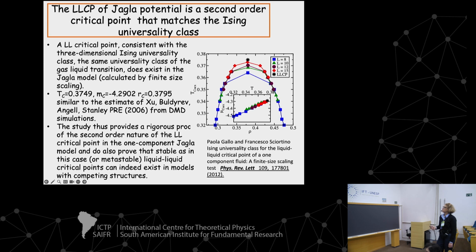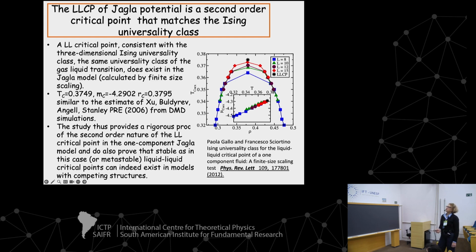So these are the several scales. L15 is the length of the box. So as you see, increasing the box, the liquid critical point tends asymptotically to this value, which is the extrapolation of the infinite fluid. You can read this paper for the details.